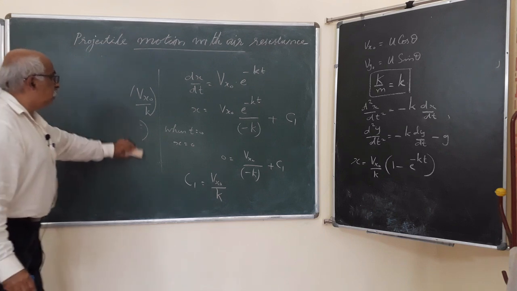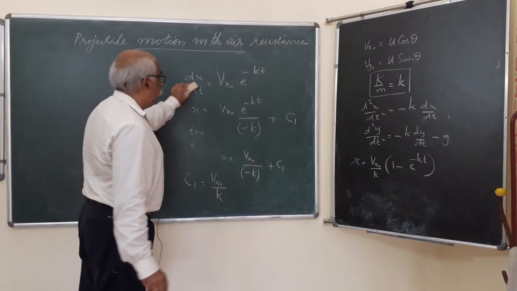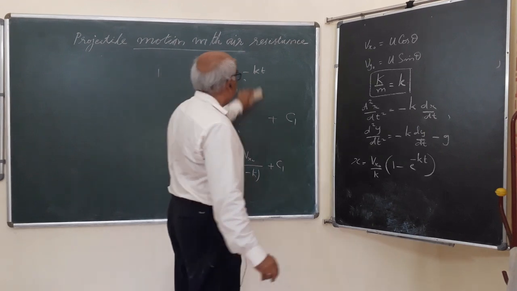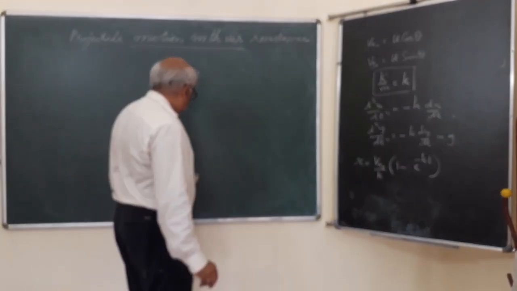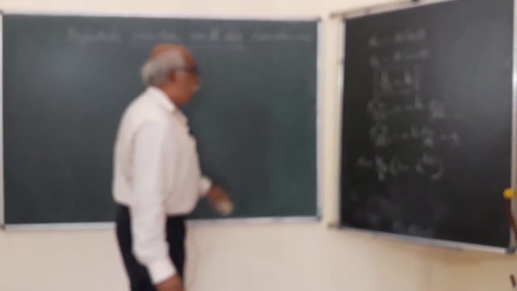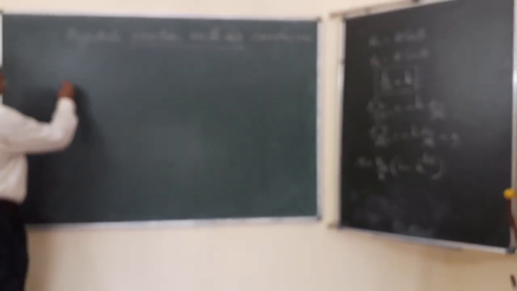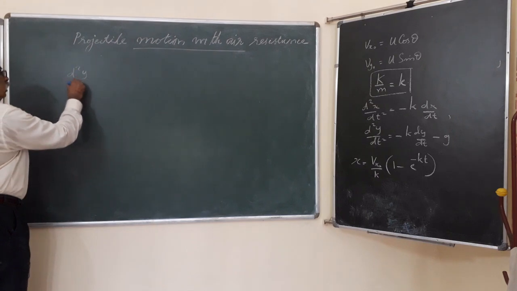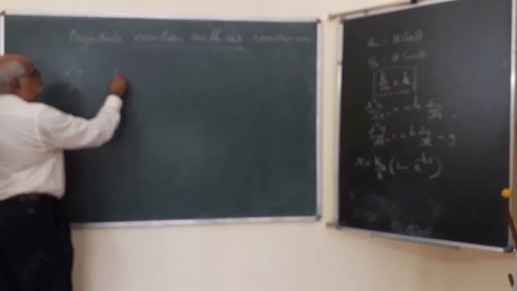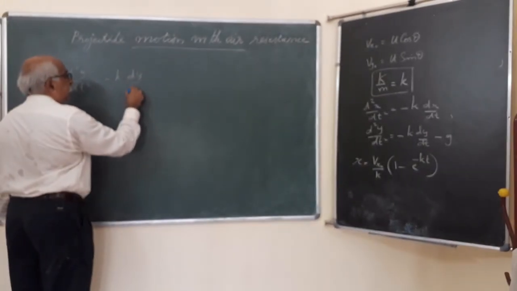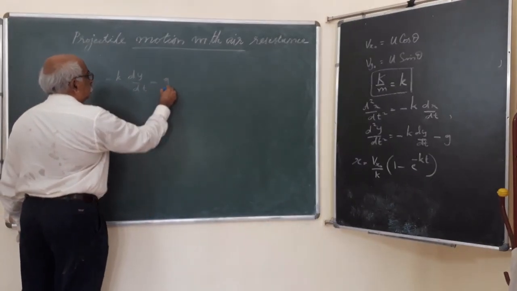Now let us consider the vertical motion. For the vertical motion, we have already written down the differential equation, and that can be solved as follows. d square y by dt square is equal to minus k times dy by dt minus g.